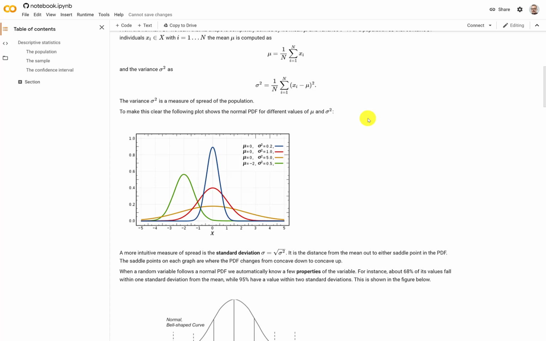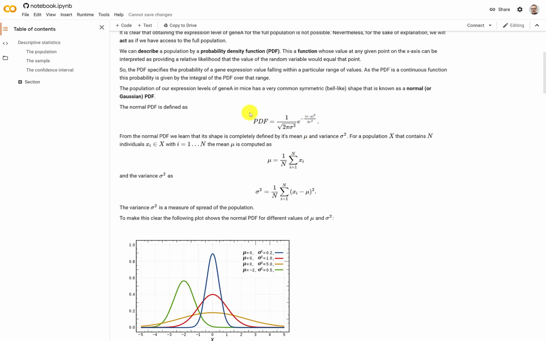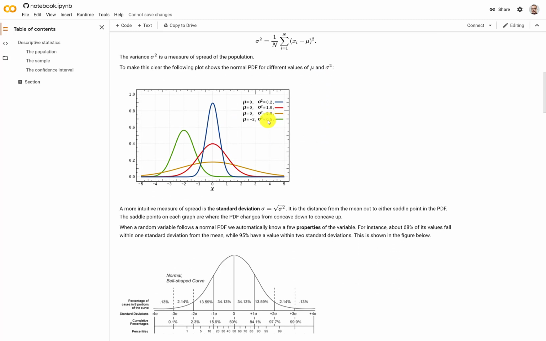Here we can see a number of these probability density functions. They're all normal distributions, so they all follow this formula here, but they have different values for mu and sigma squared, so for the mean and the variance.